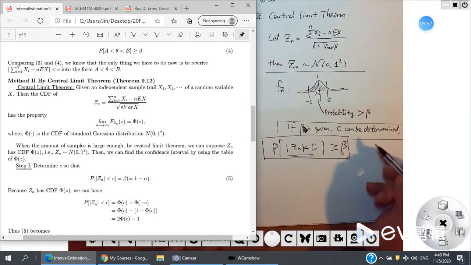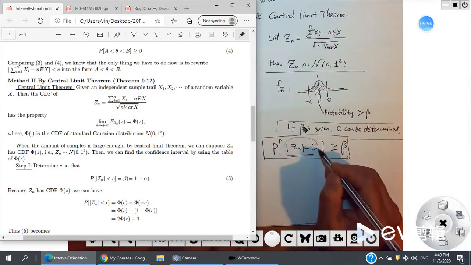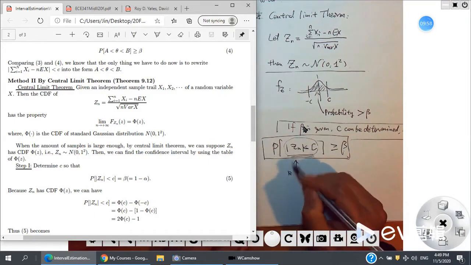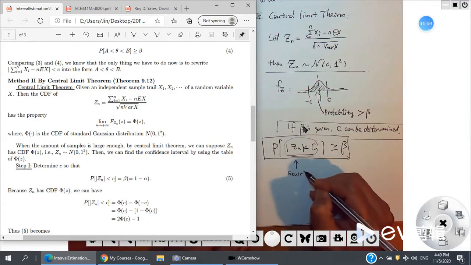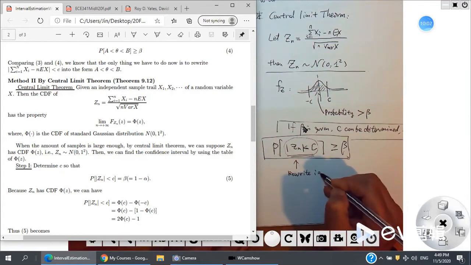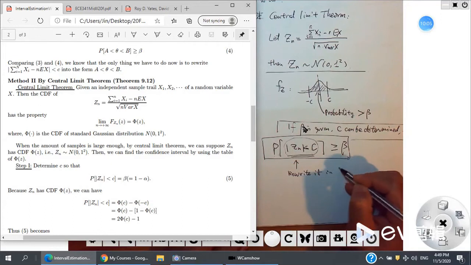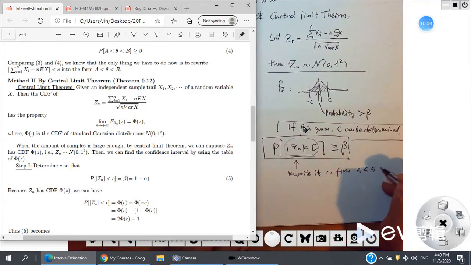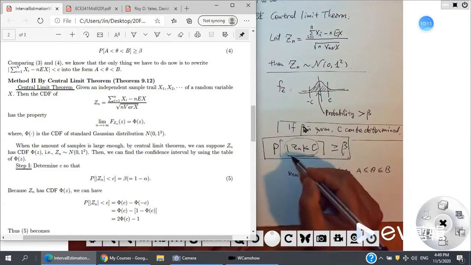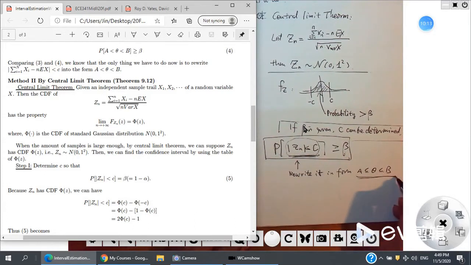Okay, we are already done, but not totally, because we need to rewrite this part in the form A smaller than theta and smaller than B. We need to rewrite it in this way.